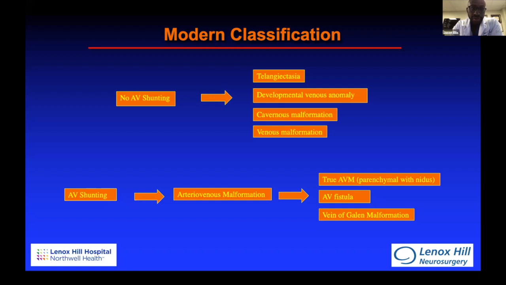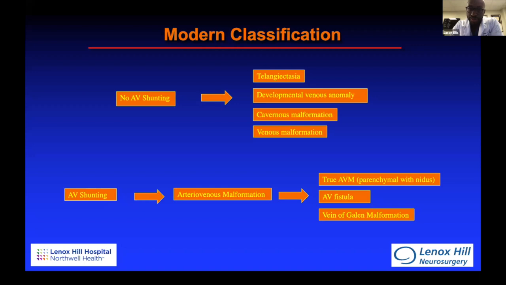One way is to distinguish between lesions with arteriovenous shunting and those without. The ones without shunting include the telangiectasia, the developmental venous anomaly, cavernous malformations, and the venous malformations.